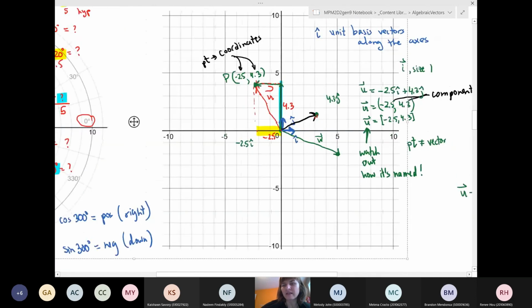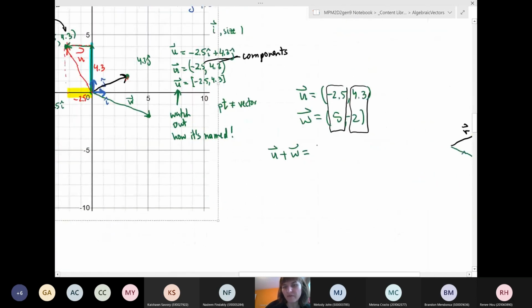So if we were to add like components, we would have negative 2.5 plus 5. Well, that's 2.5. My answer is not quite the same. I hoped for it to be more accurate. It's my picture. Okay, then the 4.3, so 4.3 plus negative 2 is 2.3.